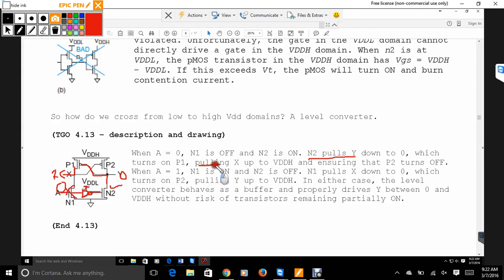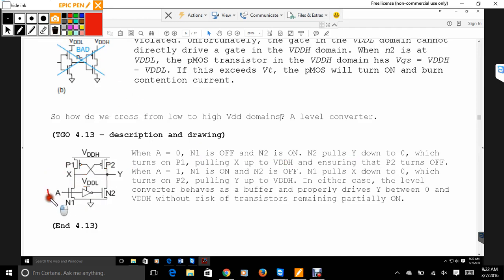That pulls X up to VDDH and ensures that P2 is off, because here it's 1, and that's going to turn that PMOS transistor off. So we have a strong 0 that meets the noise margin for VDDH here, and we have a strong 1 for VDDH there at output X.